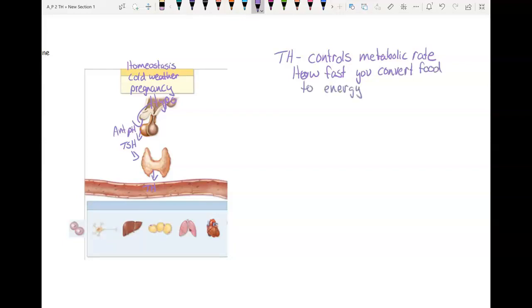So the more thyroid hormone you have, the faster your metabolism. So the level of thyroid hormone does play a role in weight. You may have heard people sometimes talk about gaining weight because of slow thyroid. So the more thyroid hormone you have, the faster your metabolism, the more calories you burn.